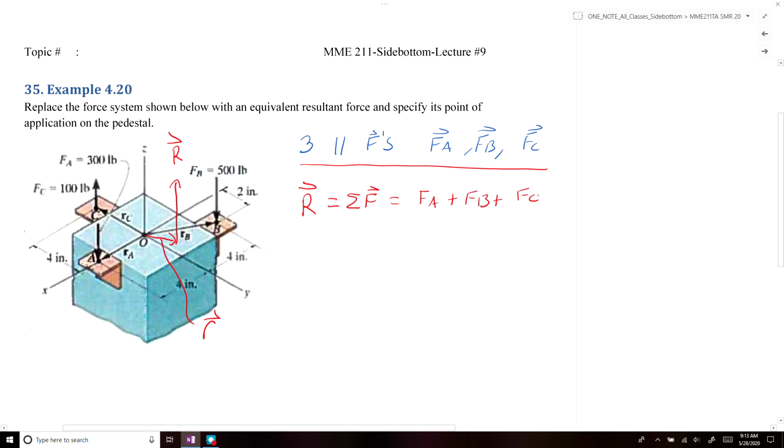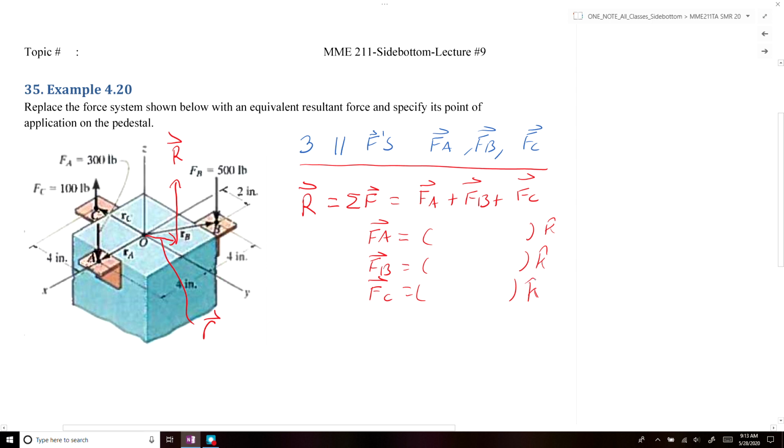Okay, so let's just do that real quick. All of these, FA, FB, and FC, are all along the z-axis, so their x and y components we can ignore.